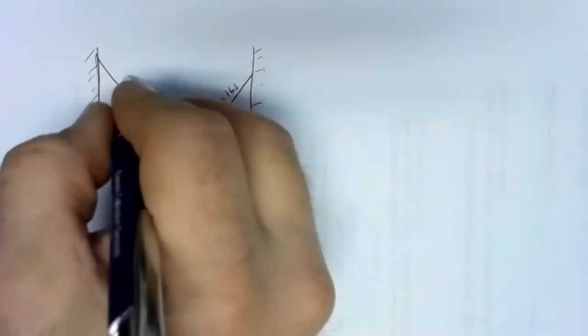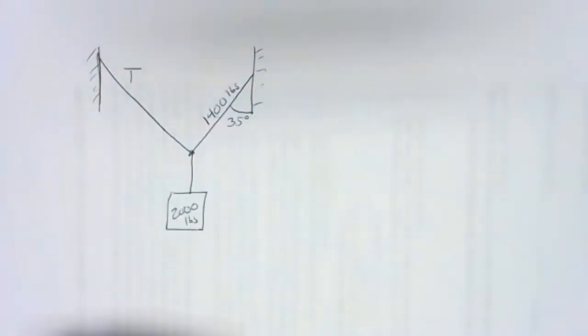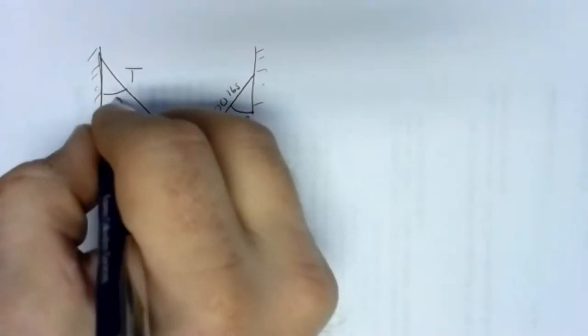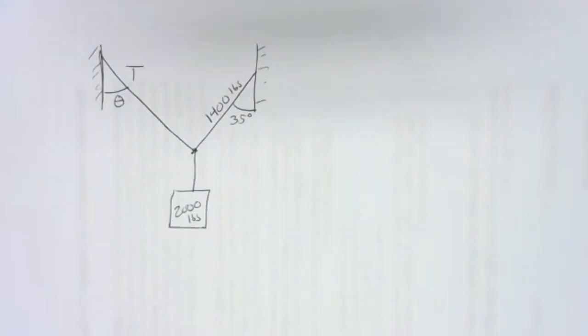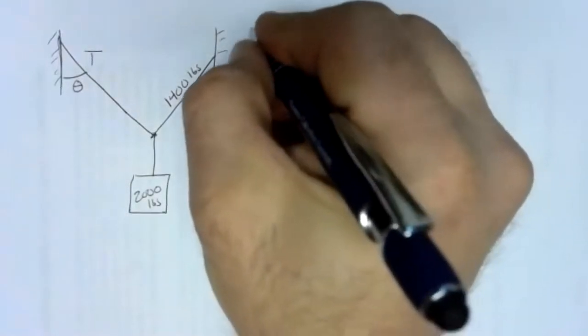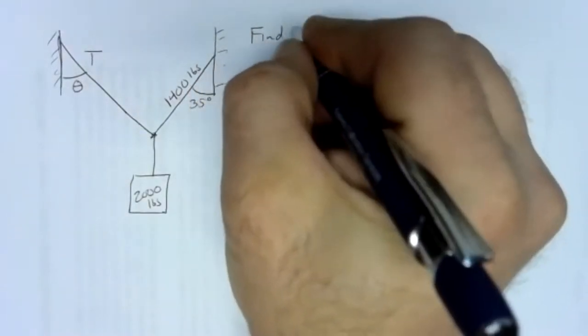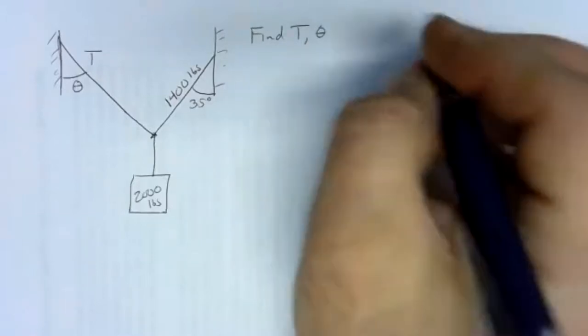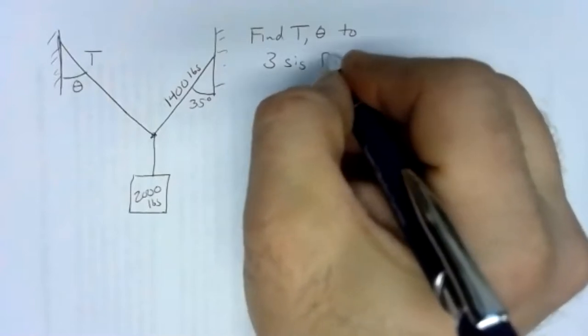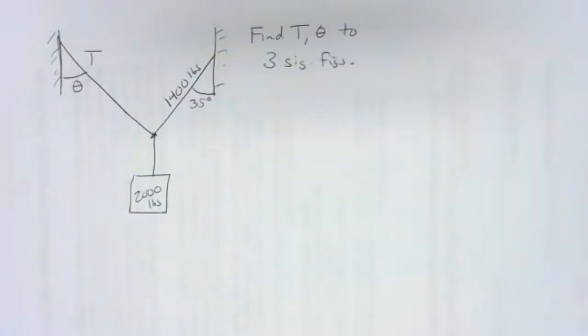And what we want to find out is what's the tension in the other rope and what angle is that going to make with the wall. So find the tension and the angle to 3 sig figs. All right, so that's our first problem, and we'll pause for time on that.